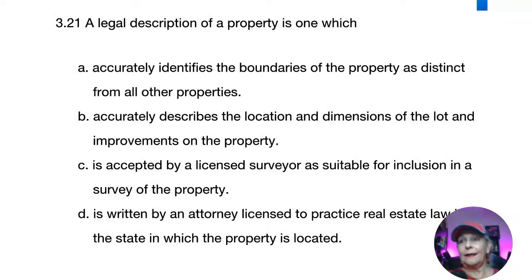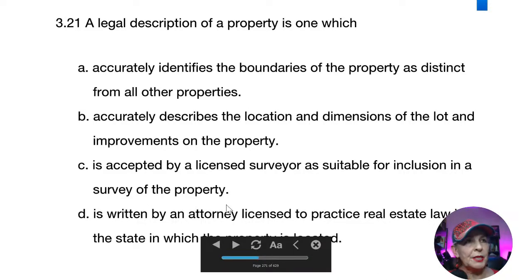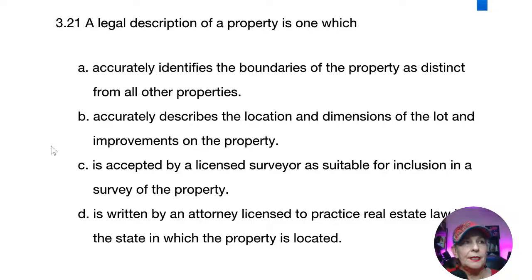Okay, so I had done question number 21, but I'm going to do it again because I had to start all over. So I wanted to see if, yes, okay, my volume is working. All right, number 21, this has to do with legal land use, legal descriptions, and contract law. So a legal description of a property is one which A, accurately identifies the boundaries of the property as distinct from all other properties.